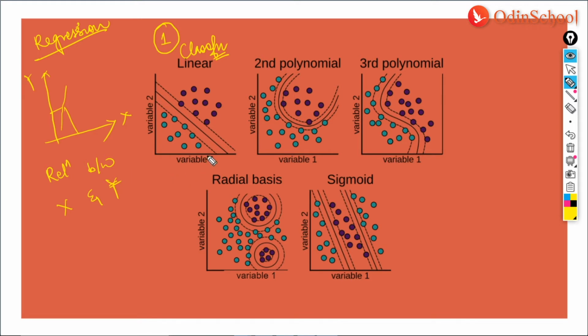But when we talk about classification, we're not running behind finding a relationship. We are more concerned about separating them, or coming up with the best possible distinction between them.